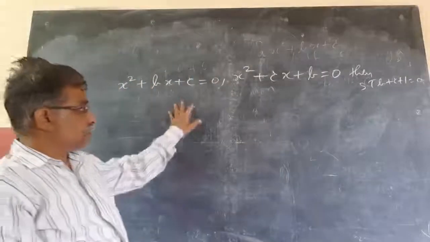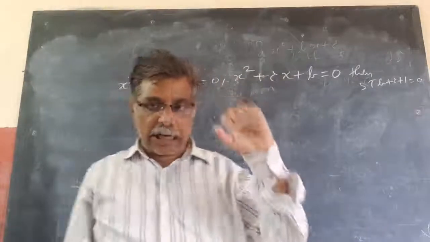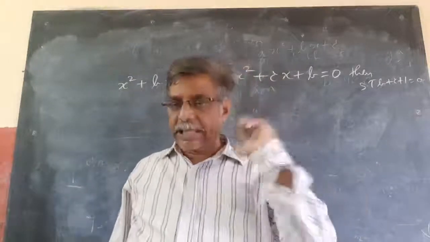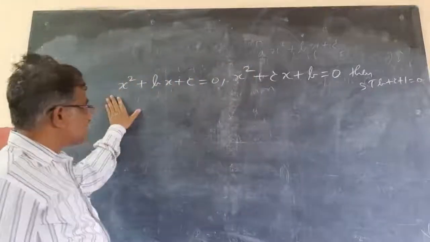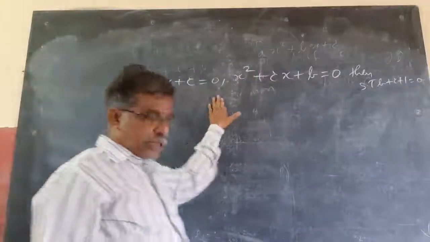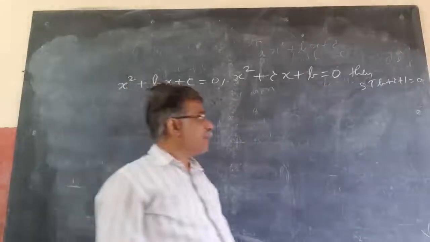Now see this sum, then you can come to know why I said the procedure is important instead of having the condition. He is saying that x square plus bx plus c equal to 0 and x square plus cx plus b equal to 0 are having a common root.